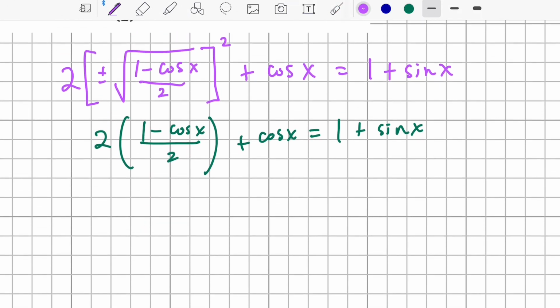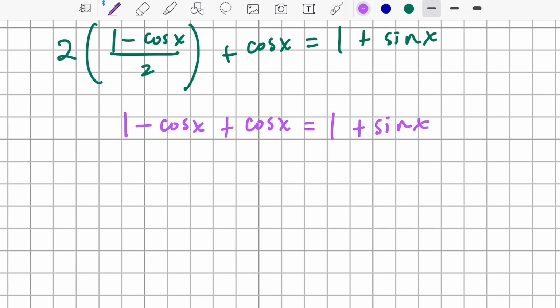So now we have 1 minus cosine x plus cosine x equals 1 plus sine x. So I notice that negative cosine and a positive cosine, they go to 0, they're gone. And if I subtract the 1, because I want to leave the sine x by itself, that means this one and this one, they're going to cancel each other out. And it's going to give me 0 equals sine of x.